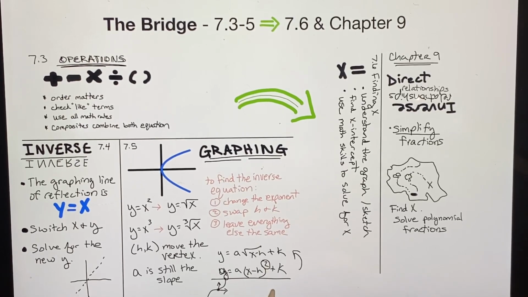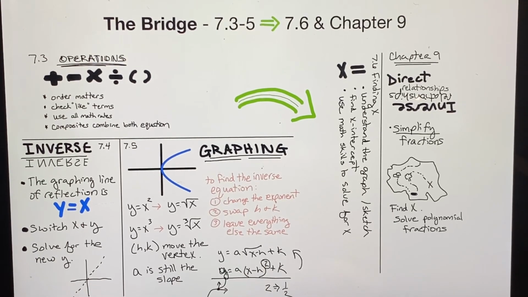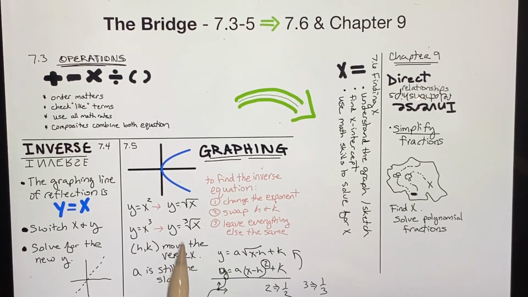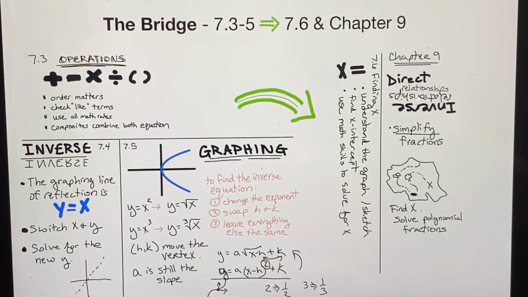So here we changed our exponent from a 2 to a 1/2. That's the inverse of 2. So we went from 2 to a 1/2, or we might have gone from a 3 to a 1/3. That would be going from an exponent of 3 to a cube root. And we needed to simply switch our h and k values.